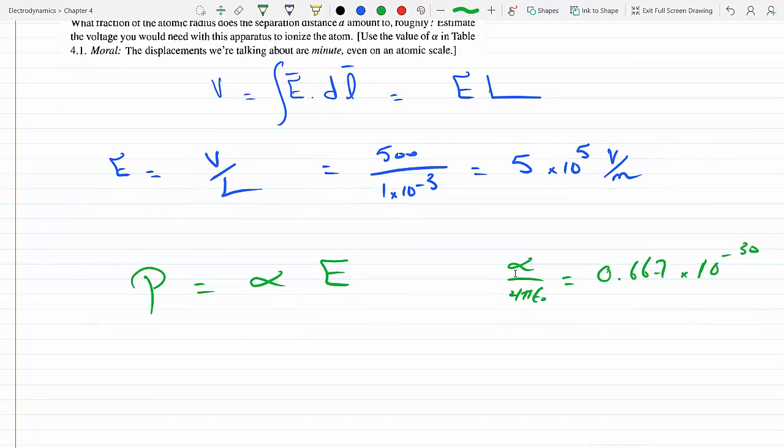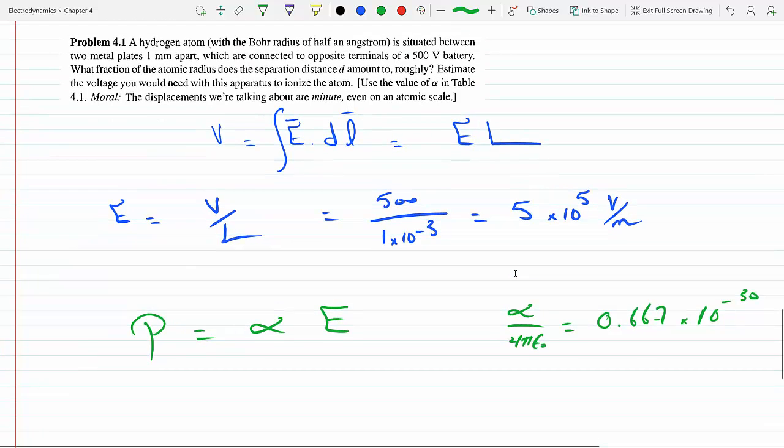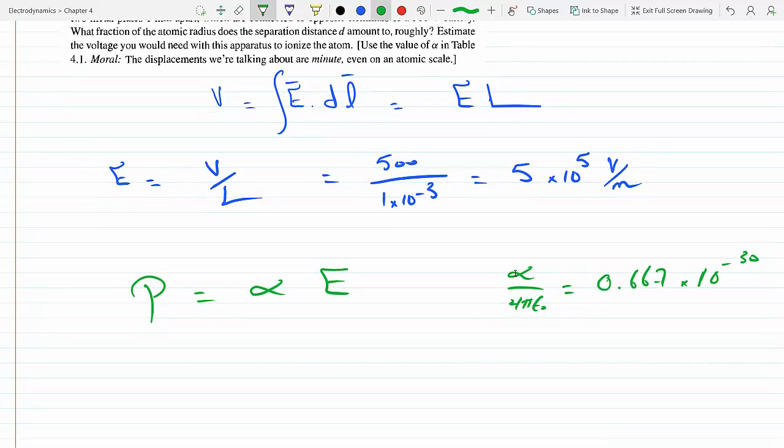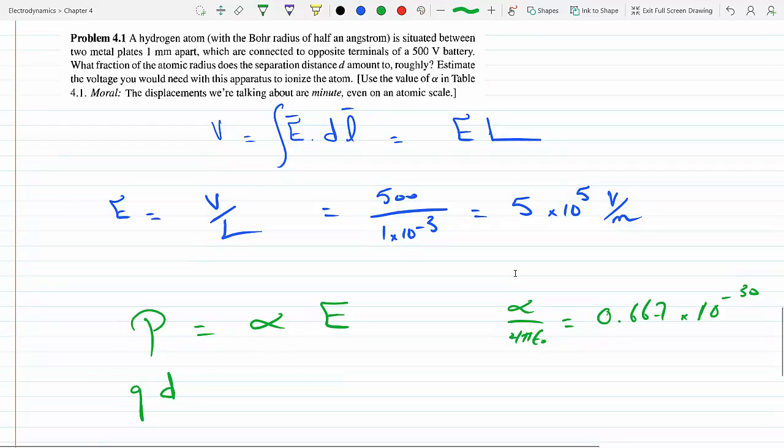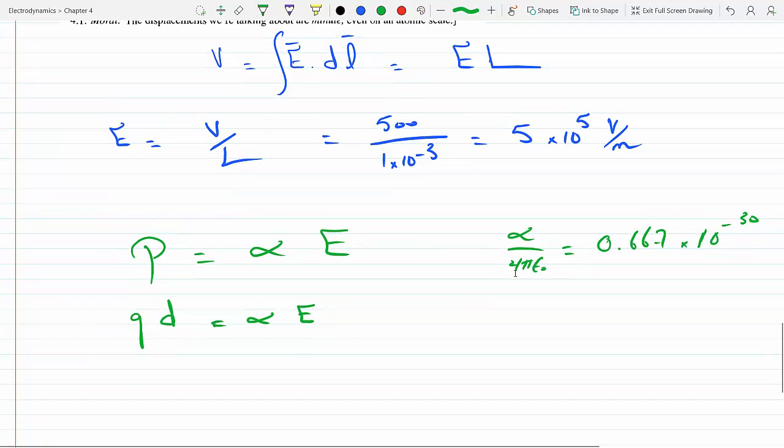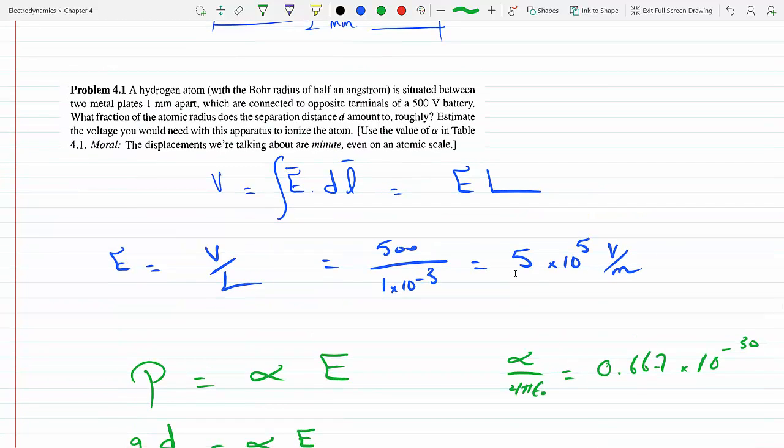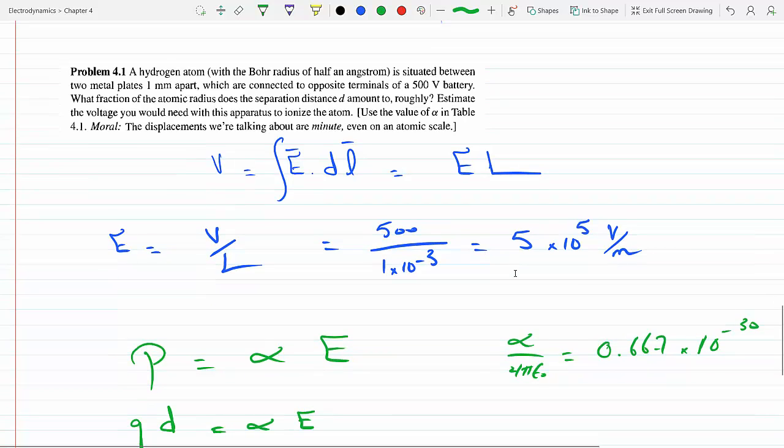And P is just the dipole moment of the electron cloud, right? That would just be the charge times the distance that we are looking for, equal to alpha E. So I'm looking for what fraction of the atomic radius the separation distance amounts to.